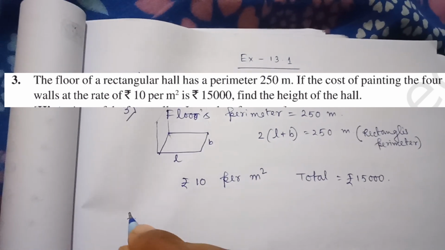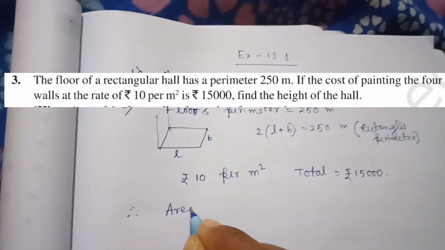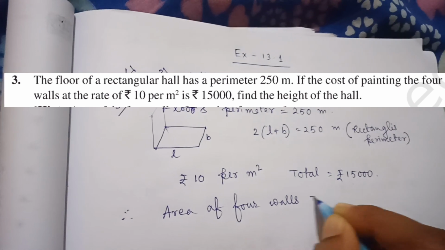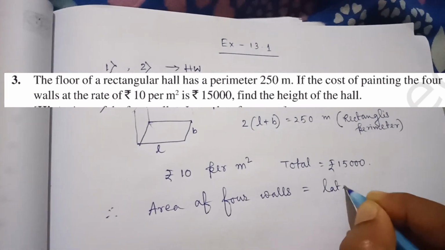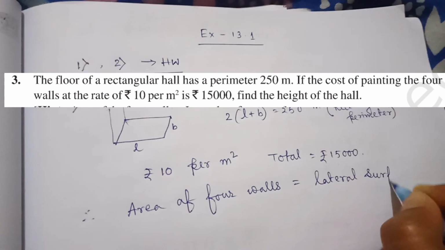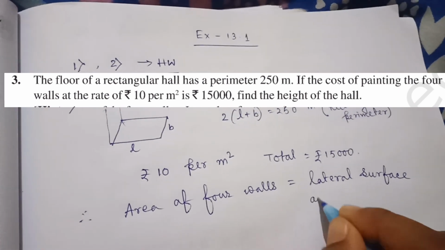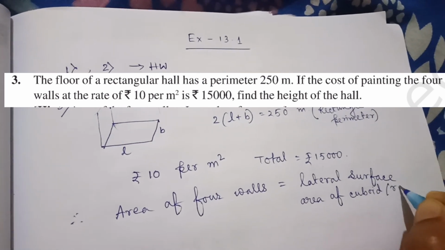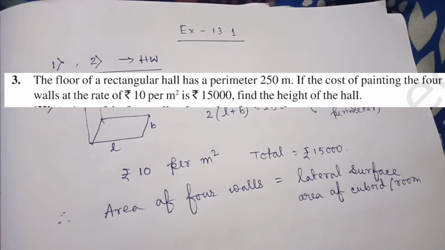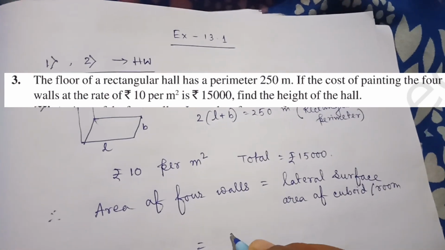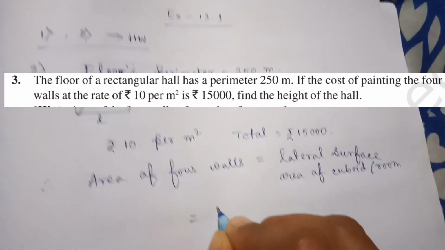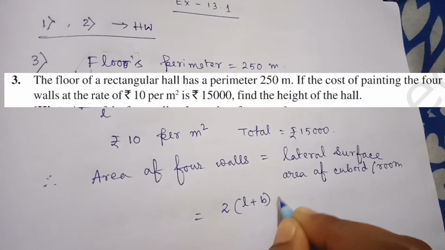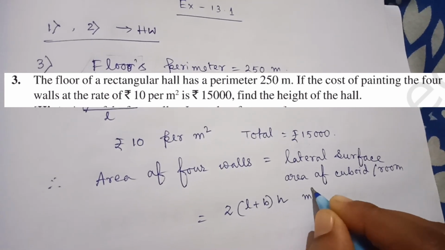So we can directly write, therefore, area of 4 walls, which means actually lateral surface area of a cuboid, or here a room, is equal to, from the formula we did a few minutes ago, 2 into (L plus B) into H meter square.